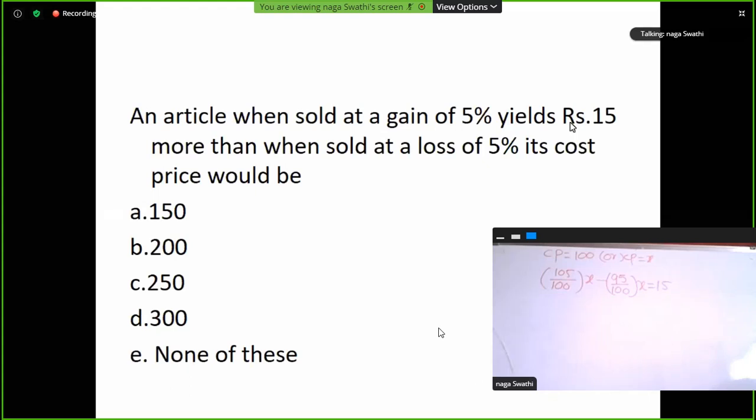Yeah, very good. Okay, 15 rupees, right? So here 105x minus 95x, that is 10x, is equal to 15 into 100. Okay, so x is equal to 150. This is the answer. So this is the cost price of an article.